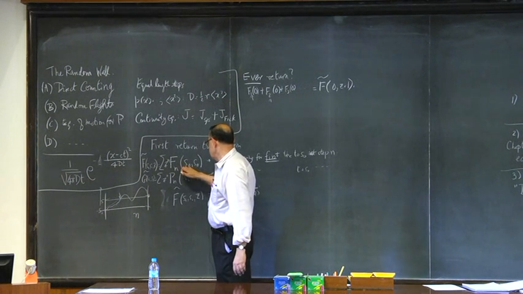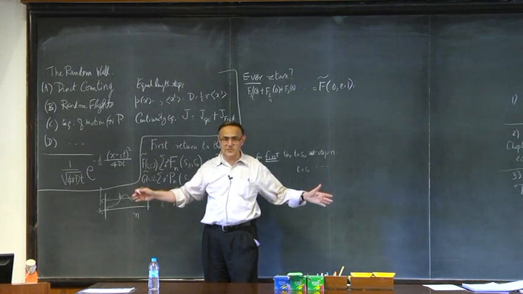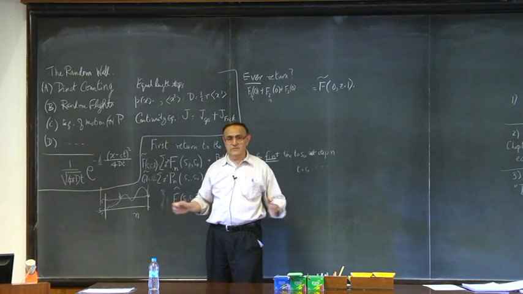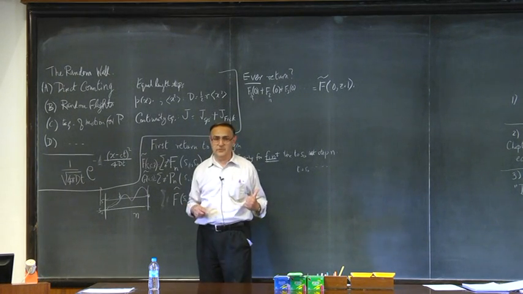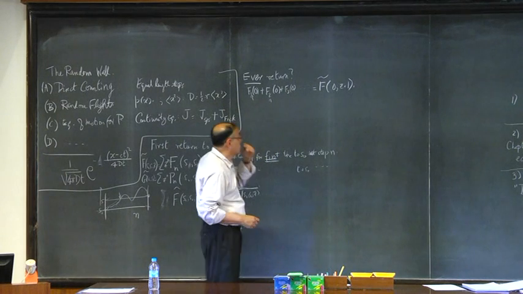Whatever this is, it's a function, even if this were not equal, it's a function of S minus S0, because the system is translation invariant. And if S is equal to S0, that's 0. Origin, return.